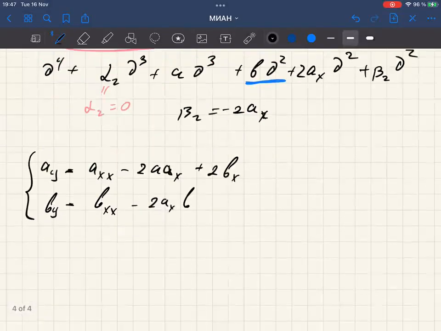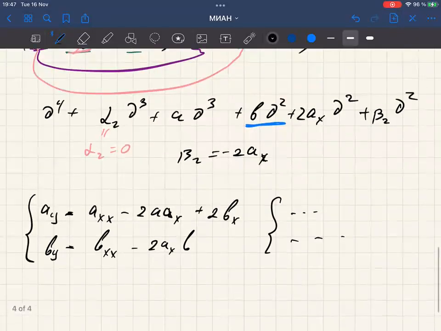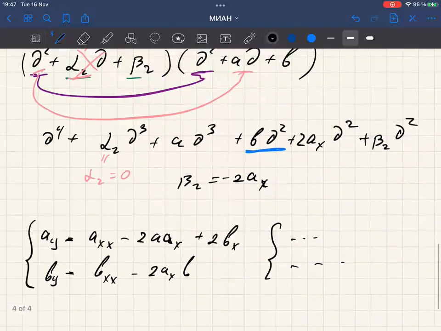Okay, now we could do all the same for G, and we obtain some system of equations. And it is interesting that the system of equations is the same. It's just a first kappa equation.